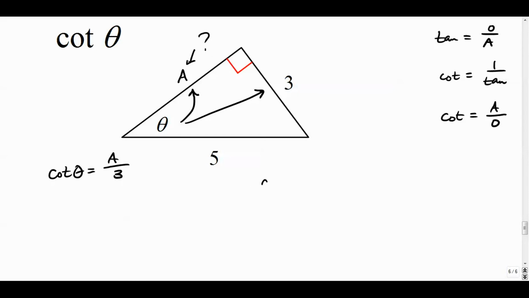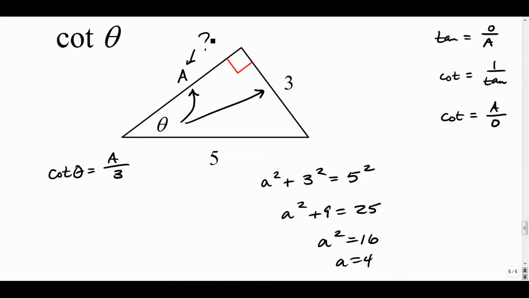So a squared plus 3 squared equals 5 squared. A squared plus 9 equals 25. A squared equals 16. A is 4. So our final answer is 4 over 3. The cotangent of theta is 4 over 3.